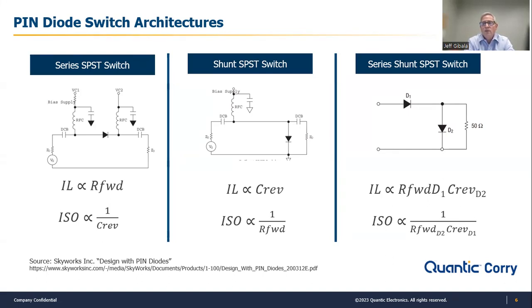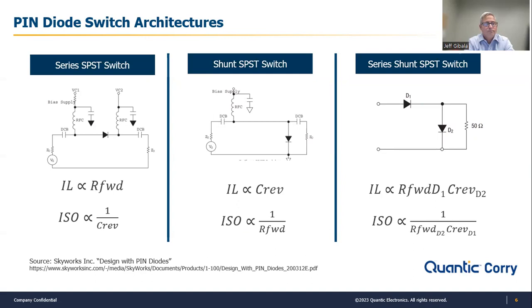And then in the off state, you have D1 reverse biased and D2 forward biased. So it will reflect energy back towards the source. And that gives you an isolation that's inversely proportional to the forward resistance of D2 and the capacitance of D1. So these different architectures can be used for very specific applications depending on what you need to solve.